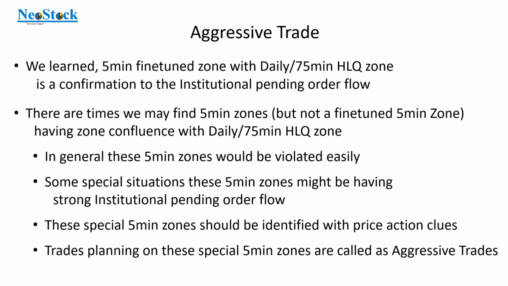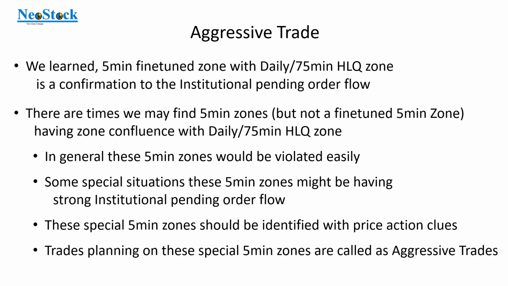Now I hope you got clarity on the meaning of aggressive trade. These 5-minute zones should not be fine-tuned zones, but they should be supported by some price action clues we are going to learn. If you plan a trade on such zones, that trade is named an aggressive trade.